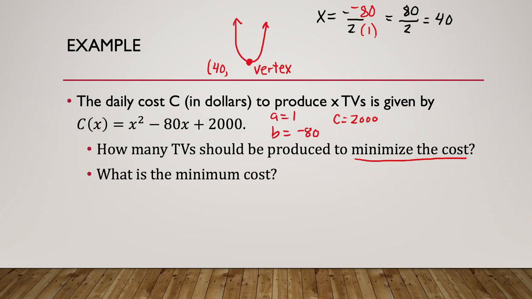In order to find the y value, remember that you're going to take your function and you're going to plug your x in. So everywhere there's an x, I'm going to put my 40 in its place.